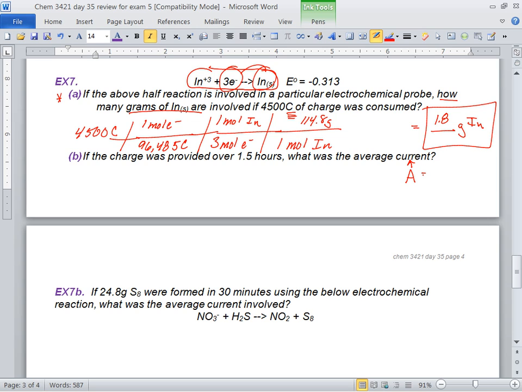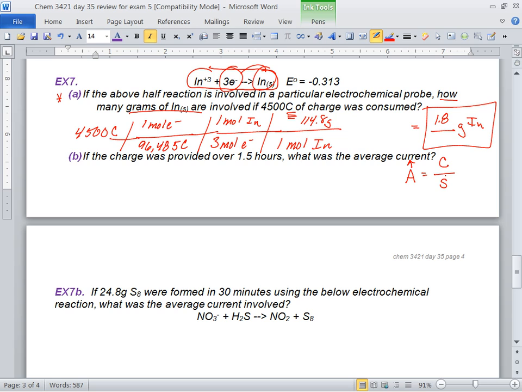And an amp is a what over a what? Coulombs over seconds. That really helps me, because if a problem involves amps, I realize that's so many coulombs per second. So if they give me seconds, I can multiply and get coulombs. Or in this type of problem, I want to know what the amps are, so I just divide the coulombs by the seconds and I'm done.